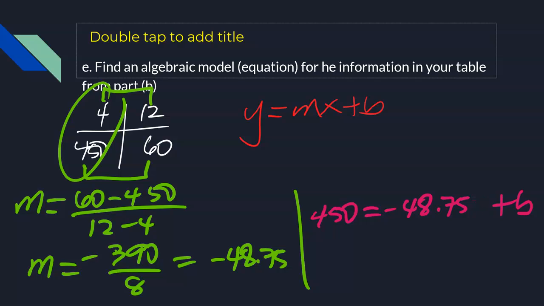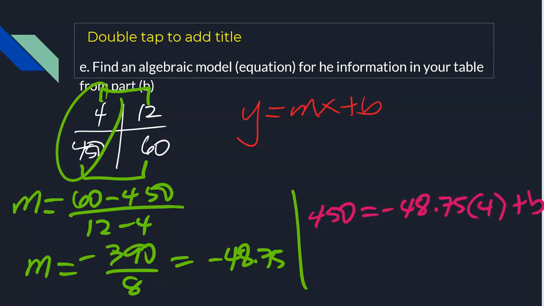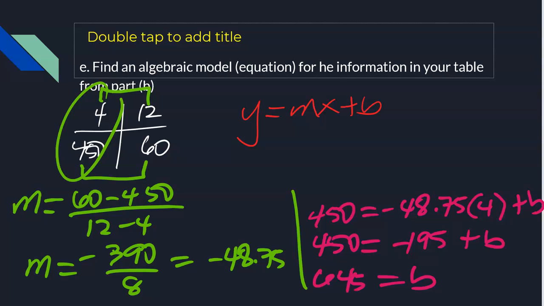X is 4 plus b, and if you multiply negative 48.75 and 4, that is negative 195 plus b, and then add 195 to 450, that is 645.